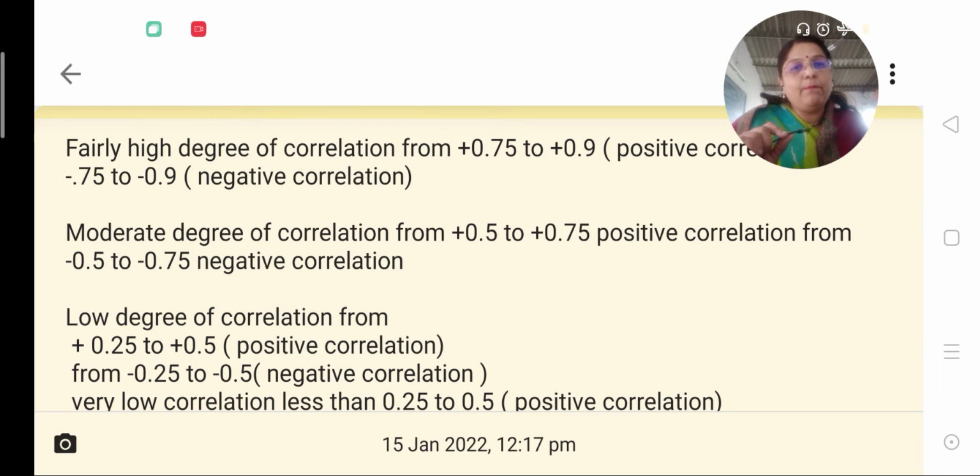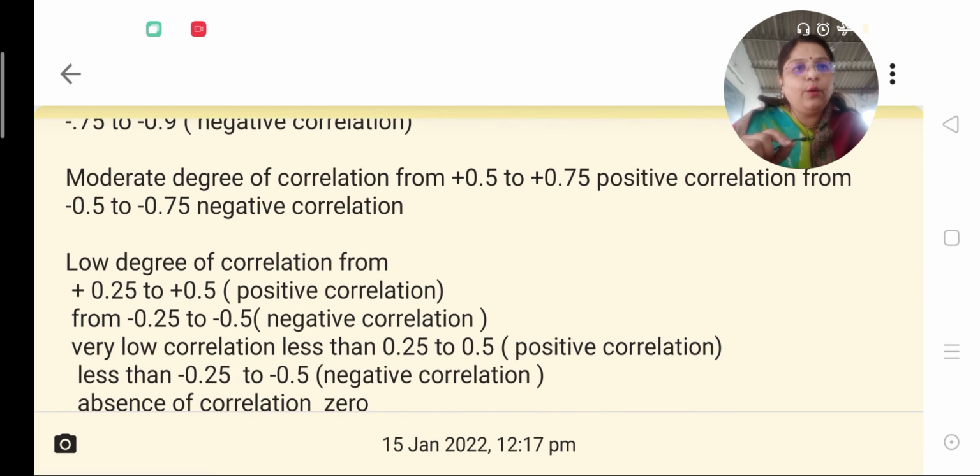There will be a moderate degree of positive correlation if the value of r lies between 0.5 and 0.75, and a moderate degree of negative correlation if the value of r is between -0.5 and -0.75.